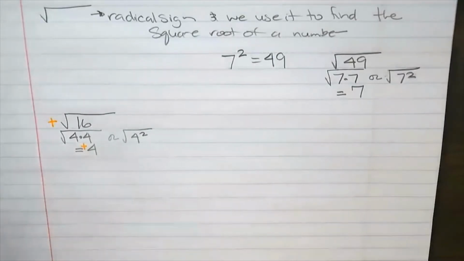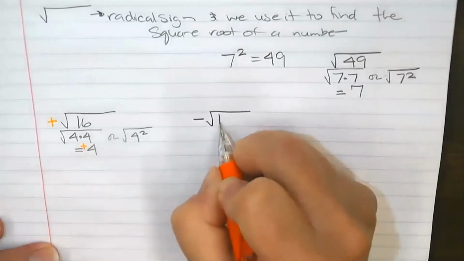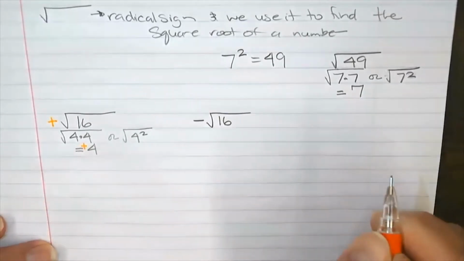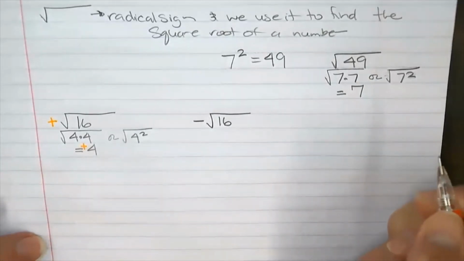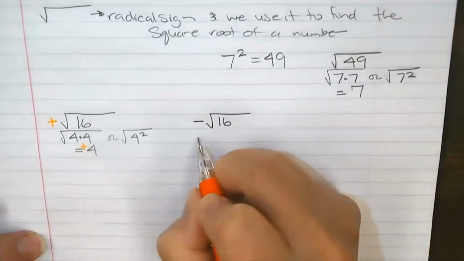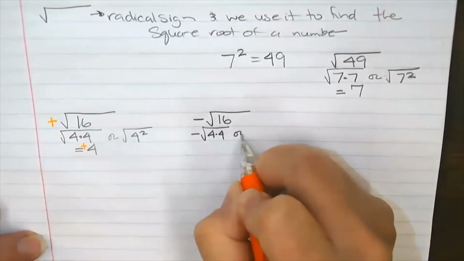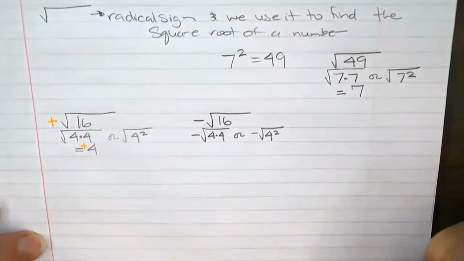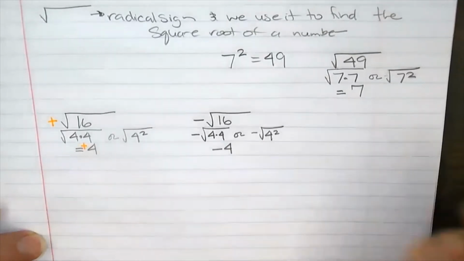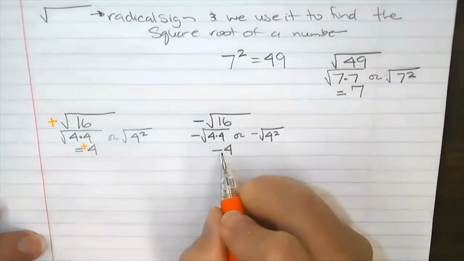Okay, so why do signs matter? Well, sometimes you'll see the negative square root of 16. Here again, we have 4 times 4 equals 16, or 4 squared. So our answer is going to be negative 4. Now, why does this work?